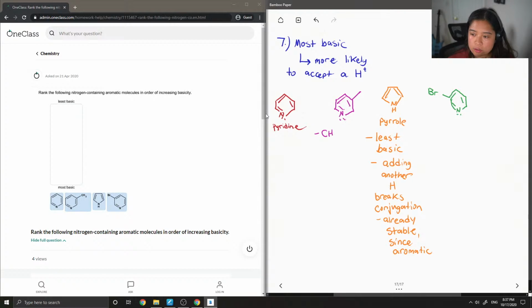So CH3 is an electron donating group. So basically this is going to be more basic than just pyridine on its own.